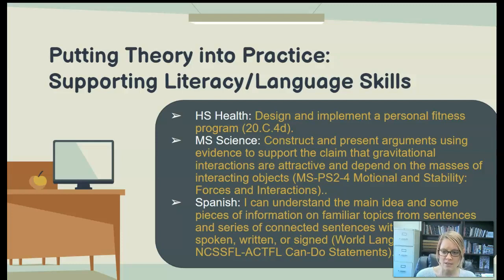Maybe I'm going to use sentence starters with them, using sentences that have the same kind of construction when it comes to noun, verb, adjective, in order to help them to best understand the information that's written in another language. I may also have them thinking about some of these other ESL strategies.